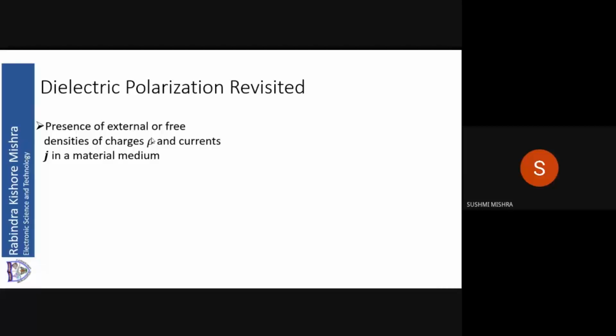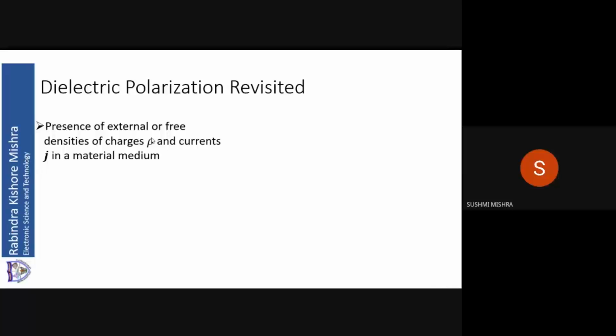You know that in the presence of external or free charge densities or current density in a material medium, if you have a material medium like a dielectric, not free space, and if I put external or free charge densities or external current into that material medium, then what will happen?